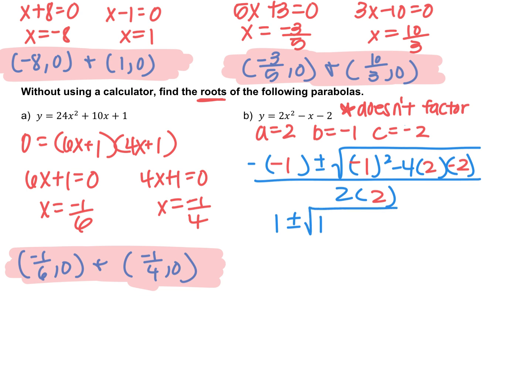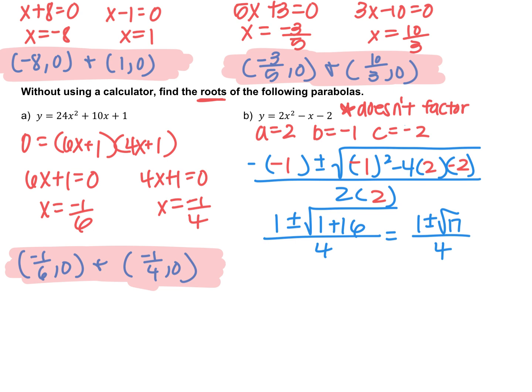Okay, focus. -4 times 2 is -8, right? And then -8 times -2 is 16, so that would be 1 plus minus square root of... Oh, it'd be positive 16, because it's supposed to be 17. Okay, there, like that.